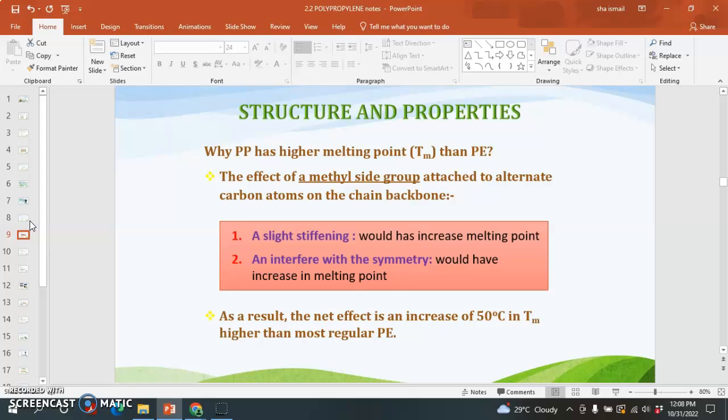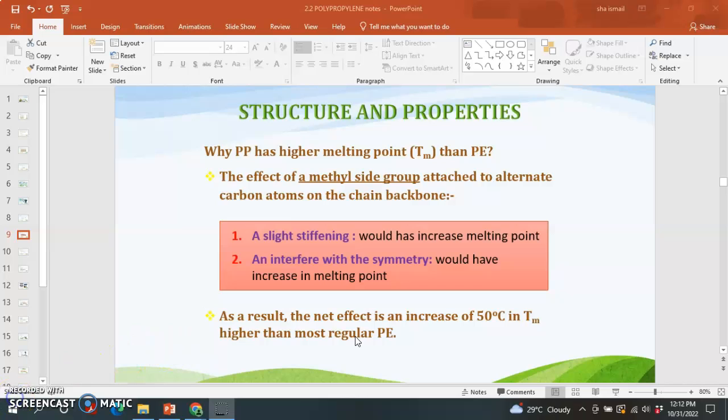So for a clear vision, we can see the application of PP, for example, in widely used food containers because it can retain heat.